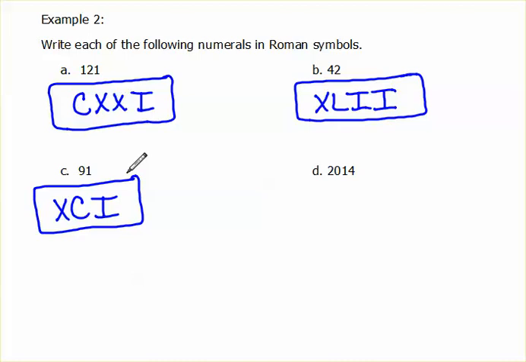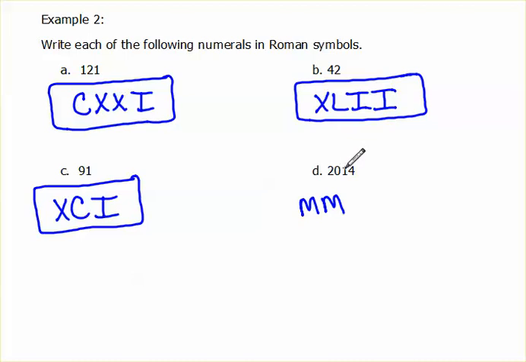Now then our last one, we have 2014. So if we go through this step by step, we have 2 in the thousands position, so that would be MM, for 2000. There's nothing in the hundreds position, so we don't need to write anything.